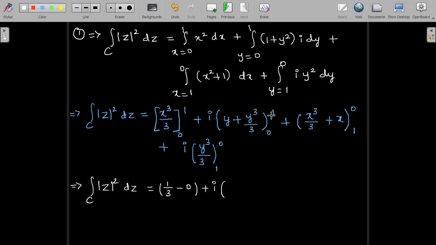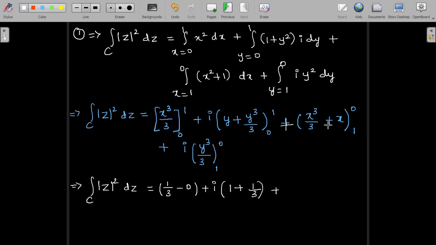So I'll just write down the application of the upper limit. Then y is 1, this is 1 plus 1 by 3. The next one, of course, is a plus sign. Now next one, upper limit is 0.